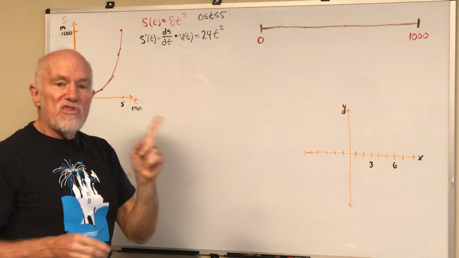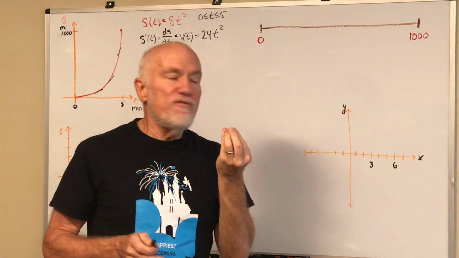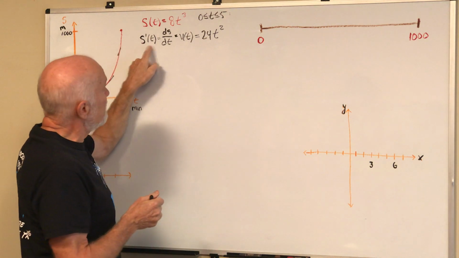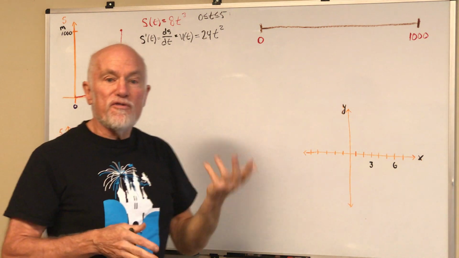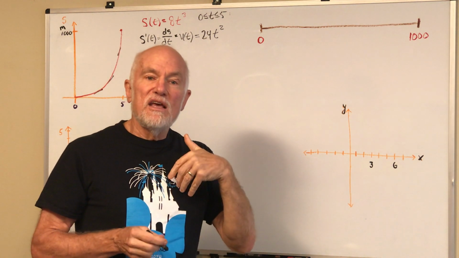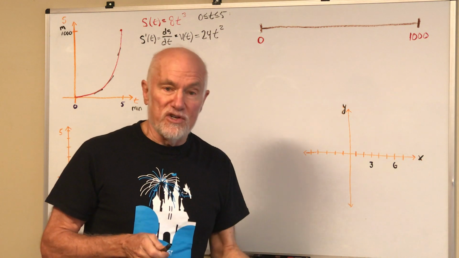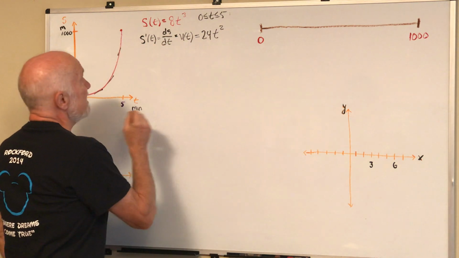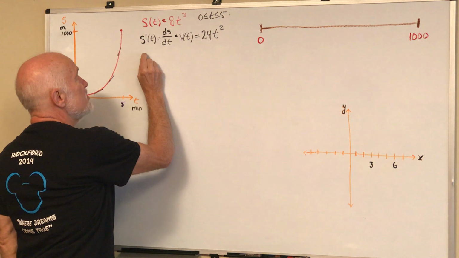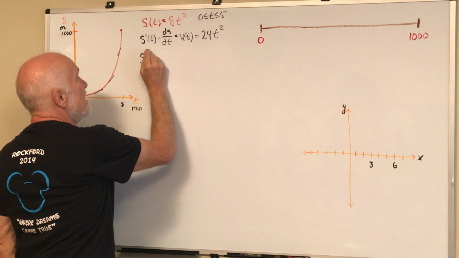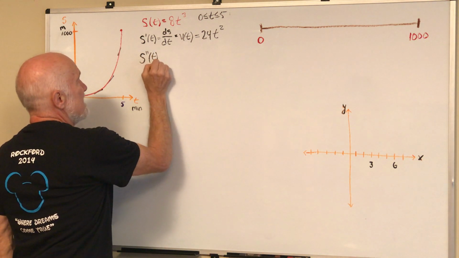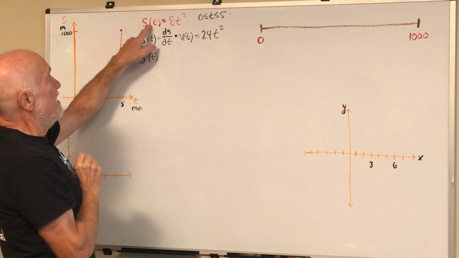And we can even do one step further. If you realize that when you take a derivative, you're just getting another function, we should be able to take the derivative of that function. So we could call it, and this is new terminology, s double prime of t, the second derivative of position.